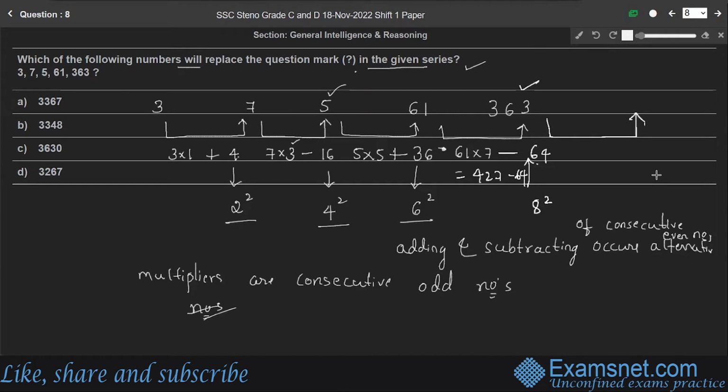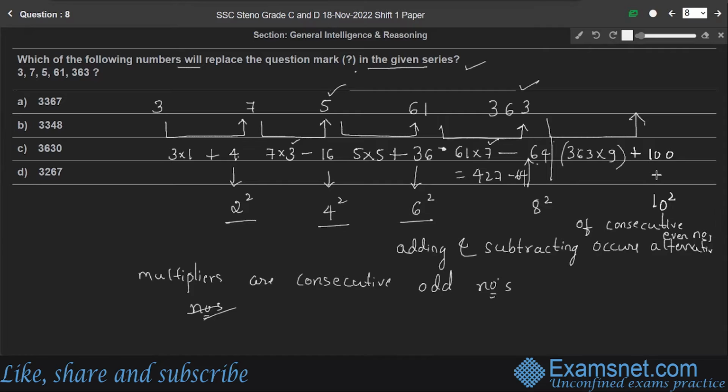Therefore, to get the last number, the previous number 363 into the next multiplier, which is the next odd number, 9. And in this step, we have to add the square of 10, which is the next even number, which is 100, right?